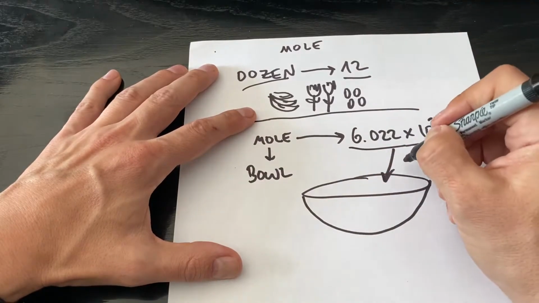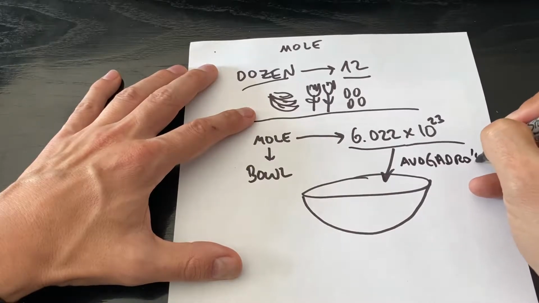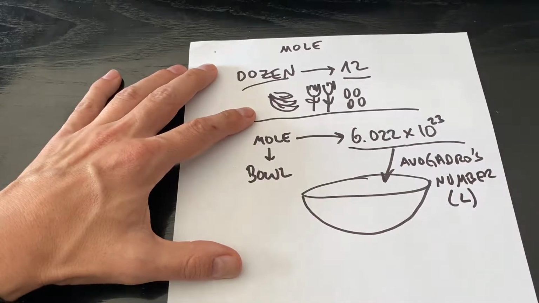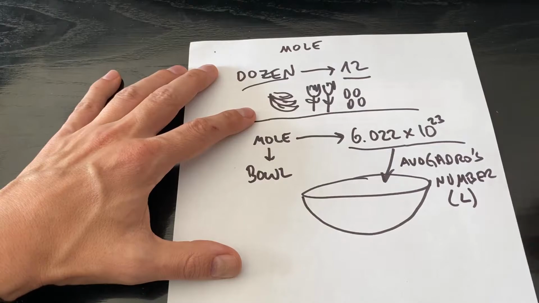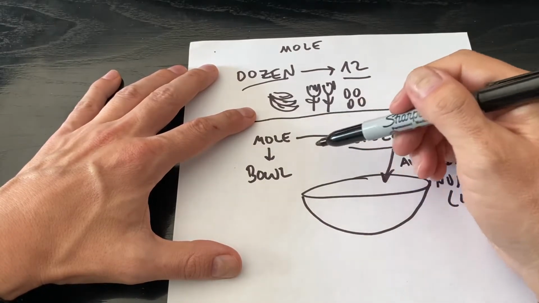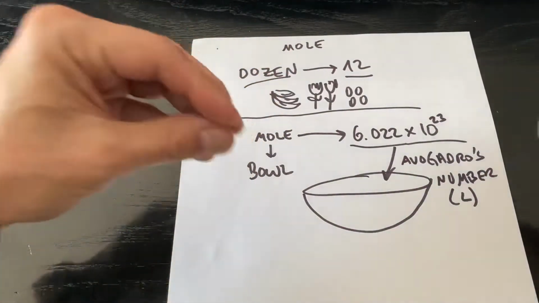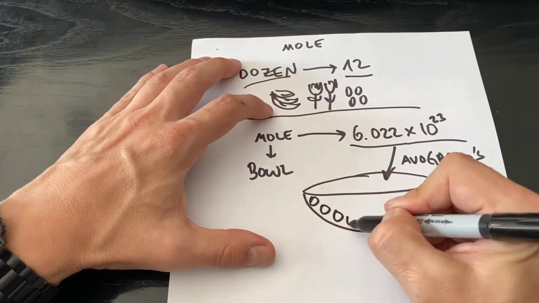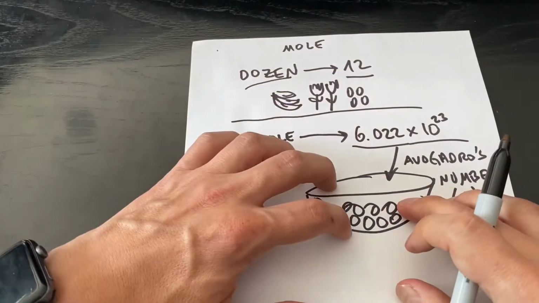It's called Avogadro's number, or sometimes referred to simply as L. This number is how many atoms or molecules fit into this imaginary bowl. I like thinking of a bowl because it rhymes with mole, and also it's one specific thing that has a certain number of these atoms inside of it. So imagine this bowl always carries the same number of atoms or molecules, whatever you're dealing with.